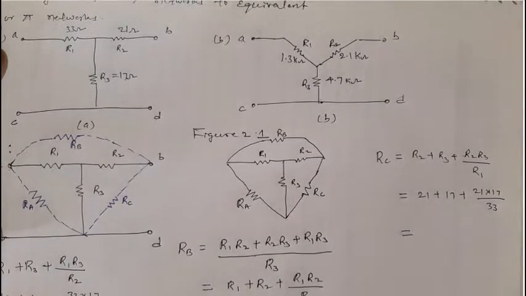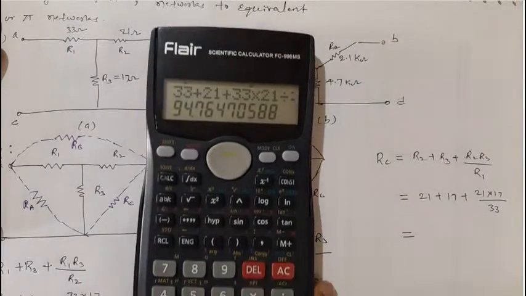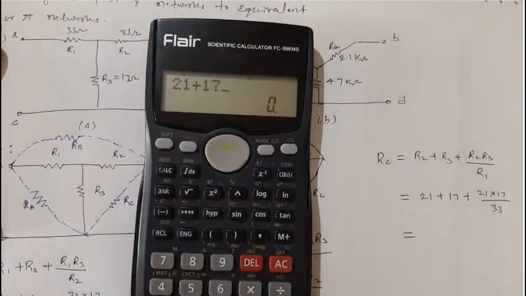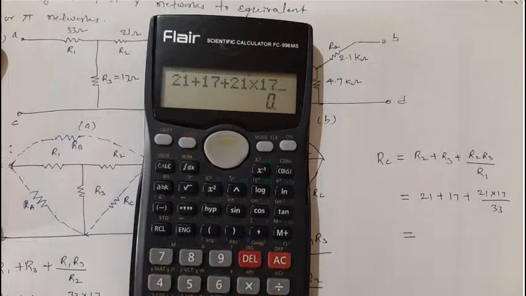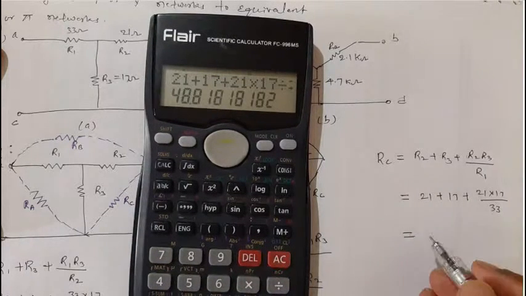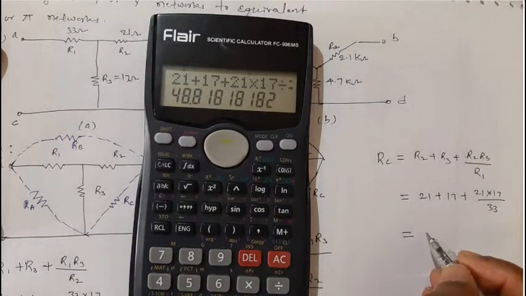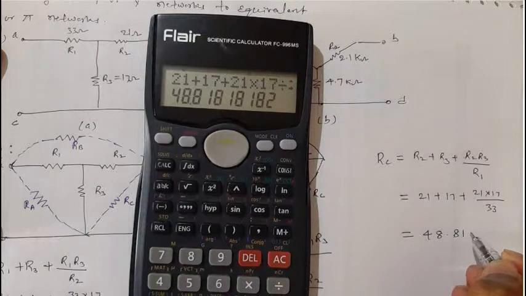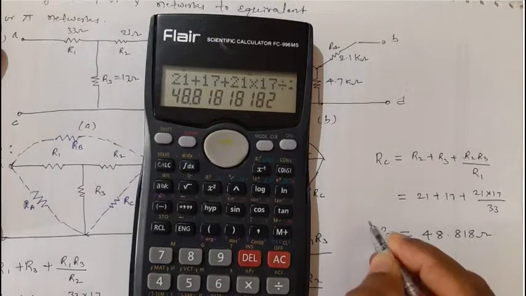So let me calculate, it is 21 plus 17 plus 21 into 17 divided by 33, it is 48.818 ohm, that is RC.